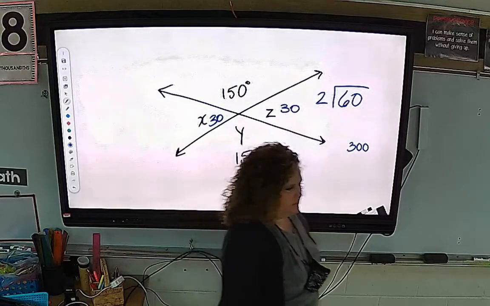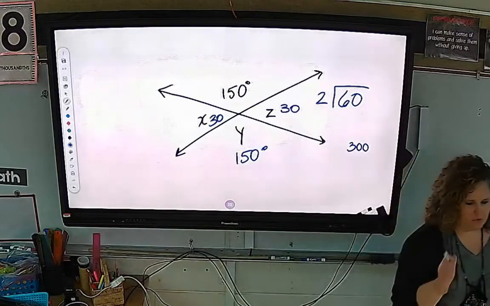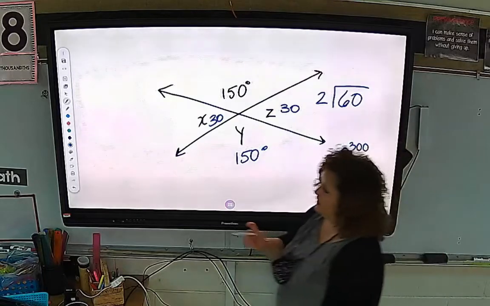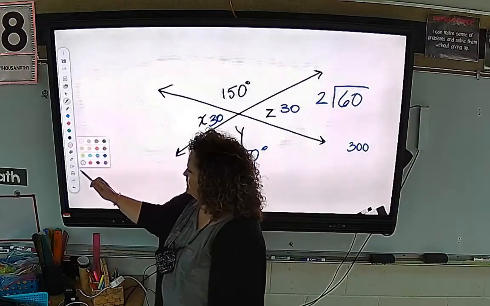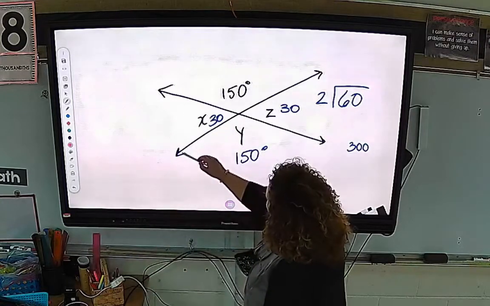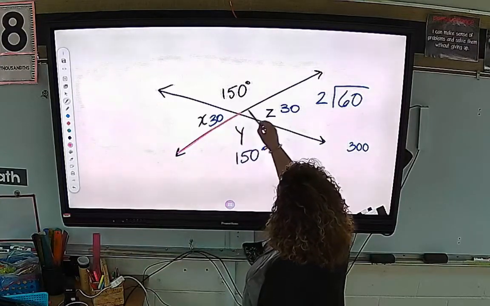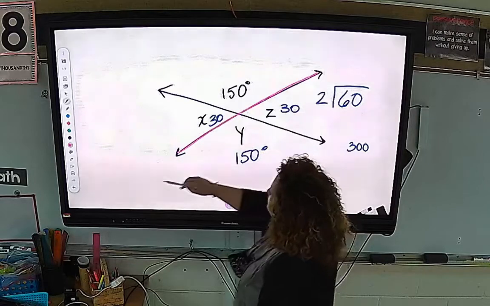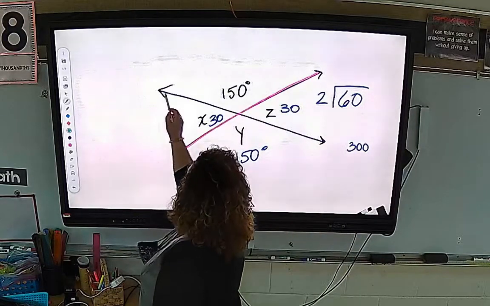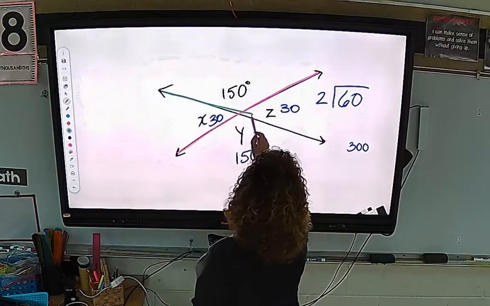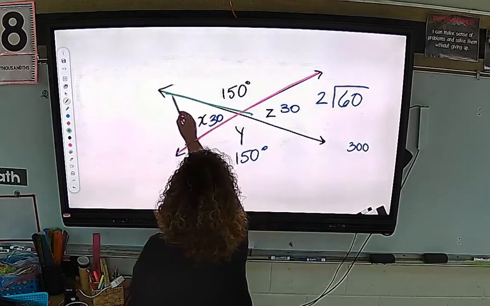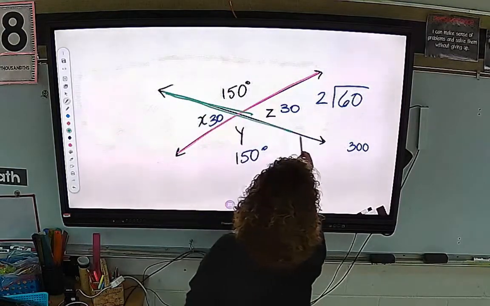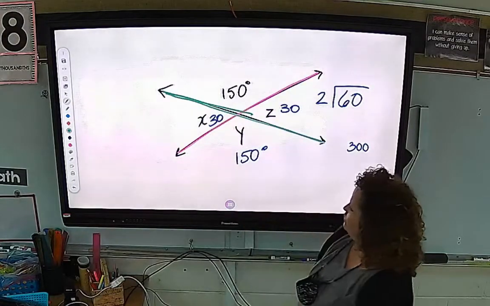That's not the only way to do this. I want to show you something just to remind you because we did this. This guy right here is a straight angle. This guy right here is a very crooked straight line. Let me try again. Is 180.